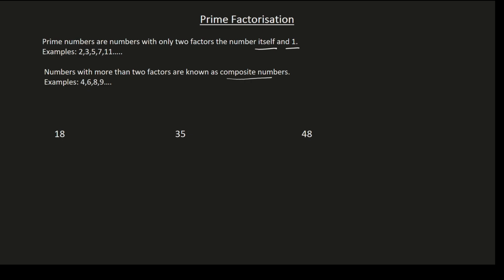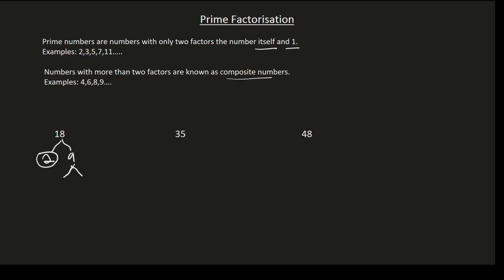First of all, let's find the prime factorization of 18 using the factor tree. The prime number I want to use is 2, which is a factor of 18. So 2 times 9. 2 is a prime number, 9 is not.